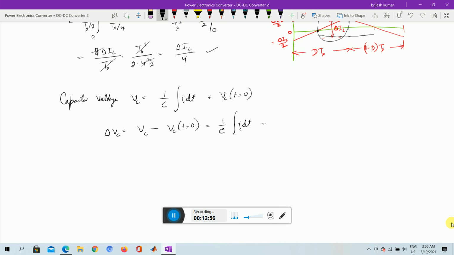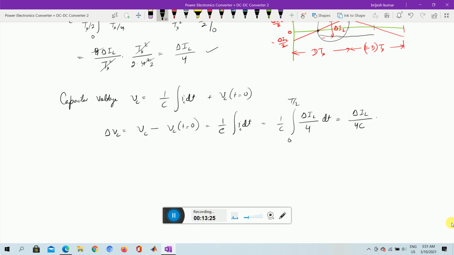So here we can substitute the value of IC. The capacitor is charging during the positive T by 2, and the average capacitor current is del IL by 4, into dt. So this gives us del IL by 4C.